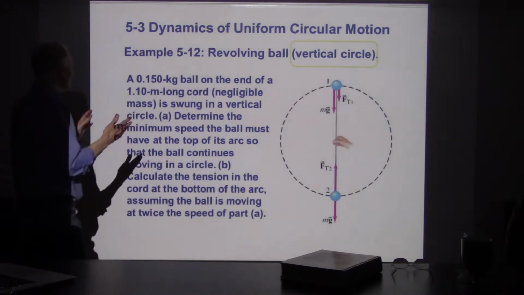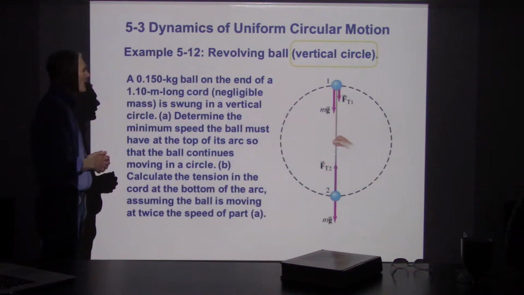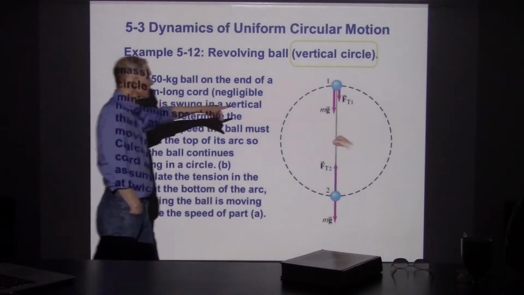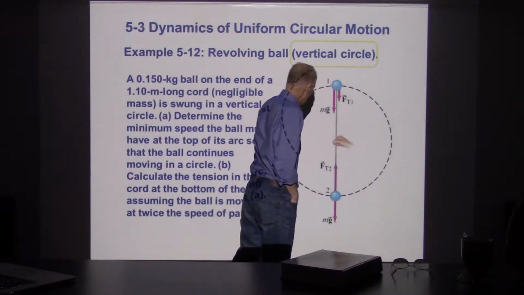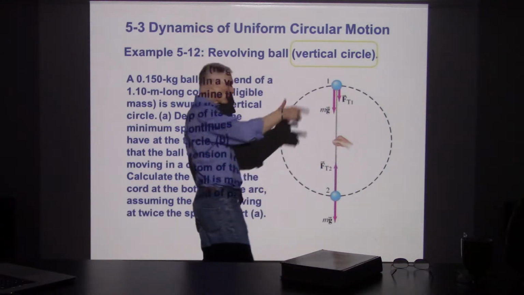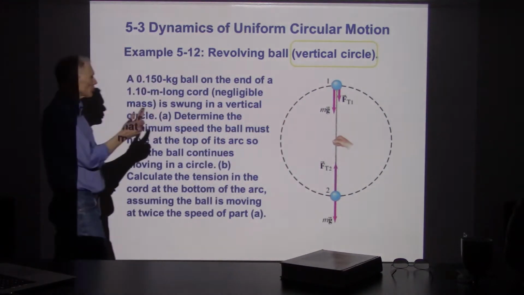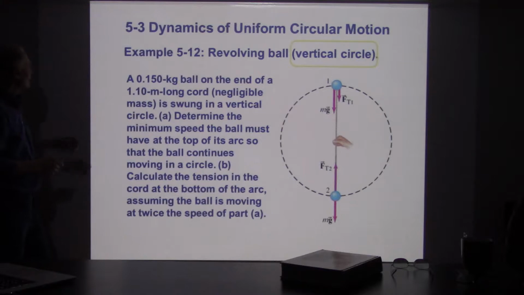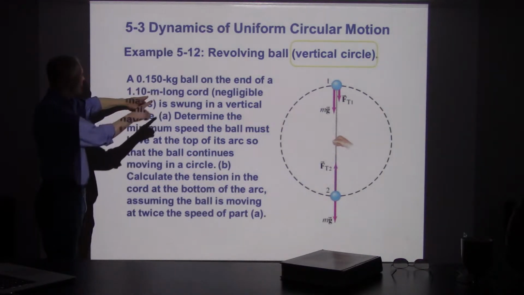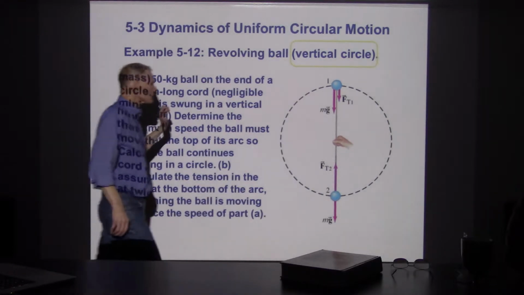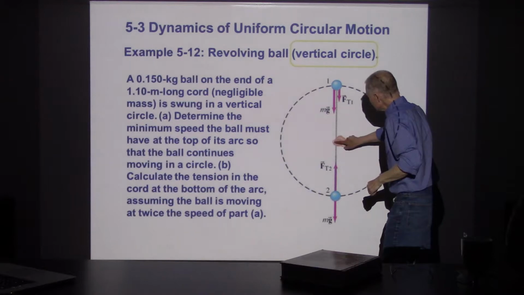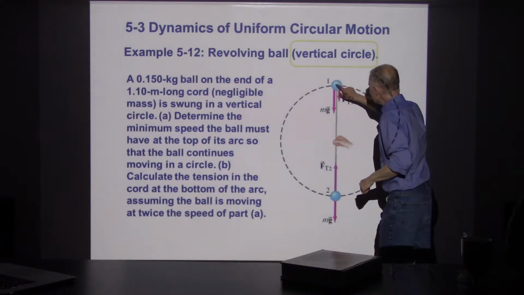Now, at the last class meeting, what we had done was we were looking at this example. We were swinging this ball in a vertical circle. So in a vertical plane, this was circular motion, and the mass of the ball was 150 grams. The length of the string, I should be clear on that too, is center, where the string is being held, to center.